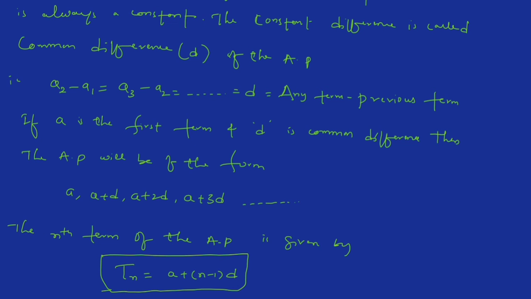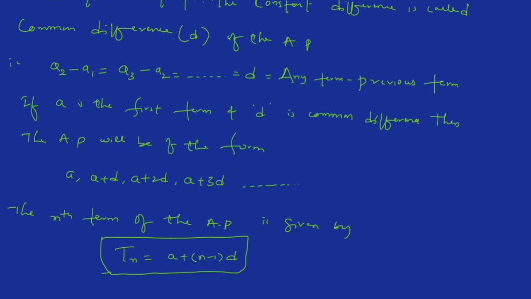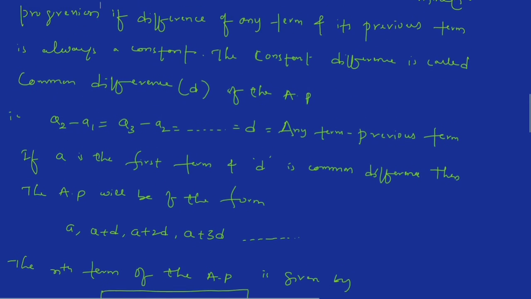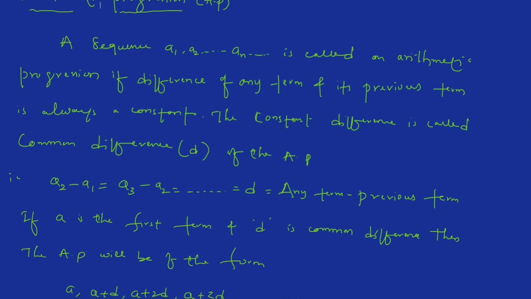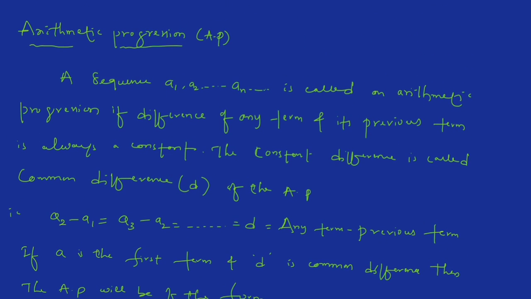Now let's see what is arithmetic progression once again. It is nothing but a sequence a1, a2, so on up to an, called an arithmetic progression, that is AP. Already you know what is a sequence: arrangement of numbers in a specific order, right?